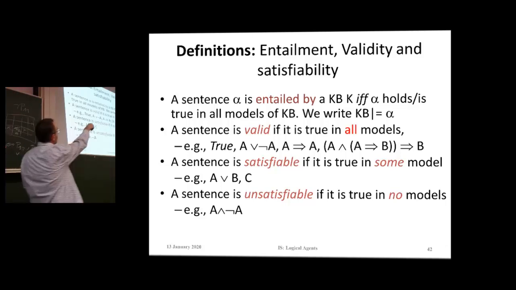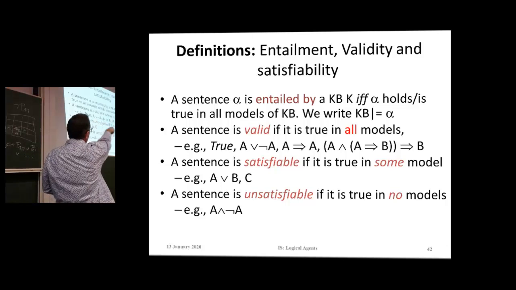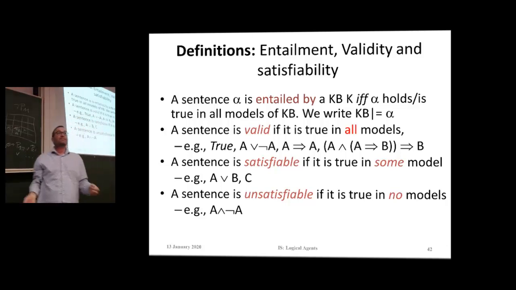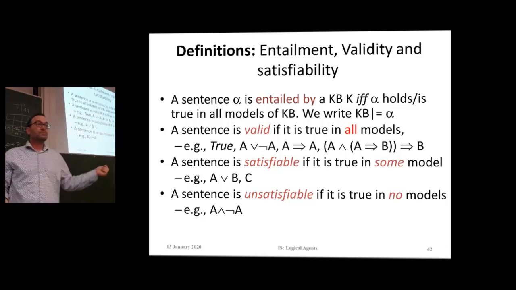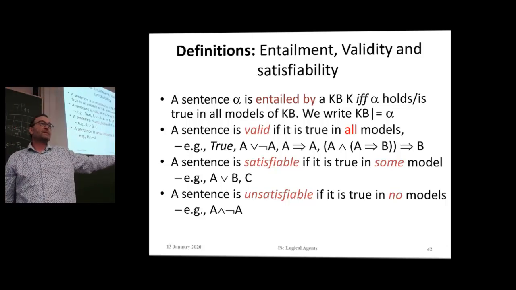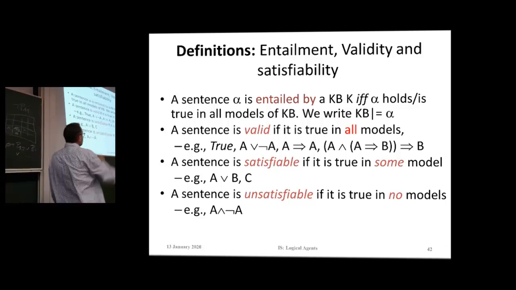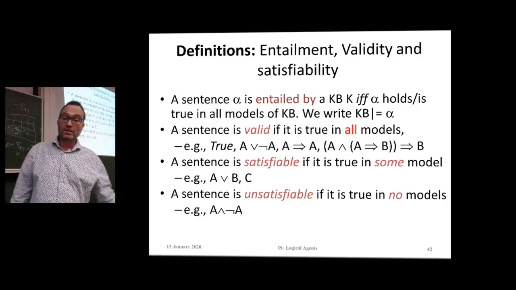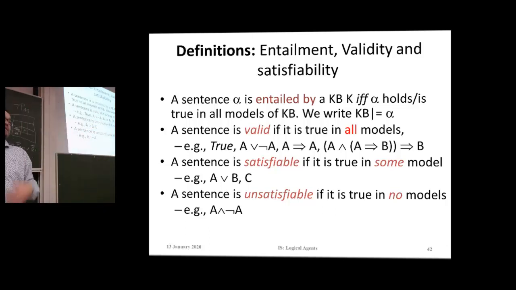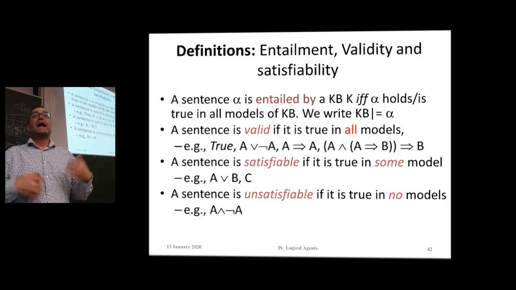The notion of entailment is: if a sentence alpha is true in all the models of the knowledge base, then it's entailed. A sentence is valid if it's true in all possible models. A sentence is satisfiable if it has a model. It's unsatisfiable if it is true in no model, and so forth.